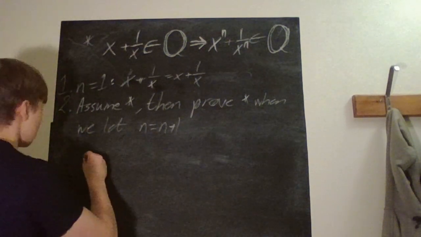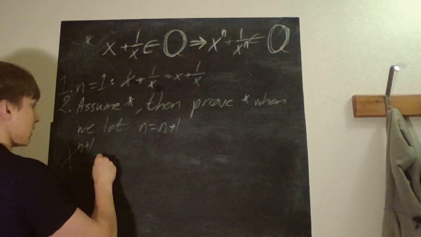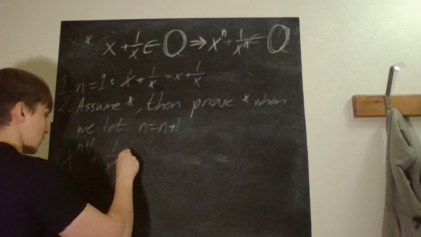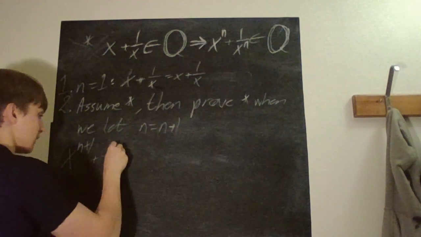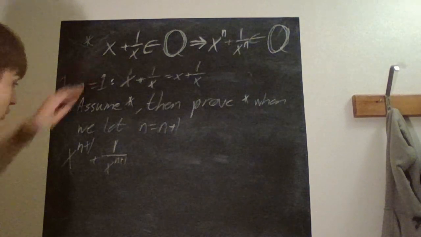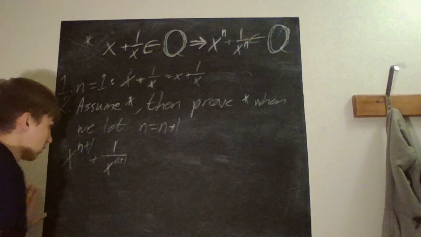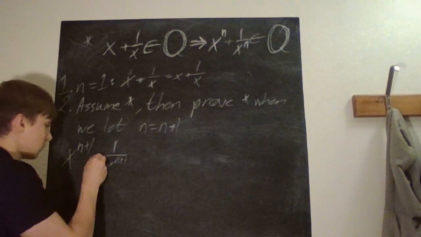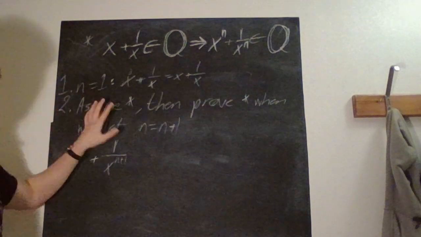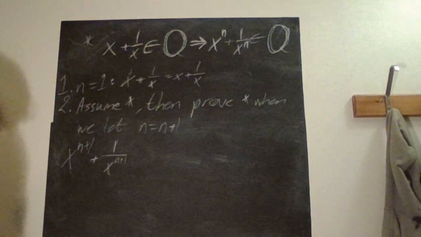So we're supposed to prove that x to the power of n plus 1 plus 1 over x to the power of n plus 1 is rational if x plus 1 over x is rational. So what do we do with this? Well, I suggest that you think about the factorization that I did before.